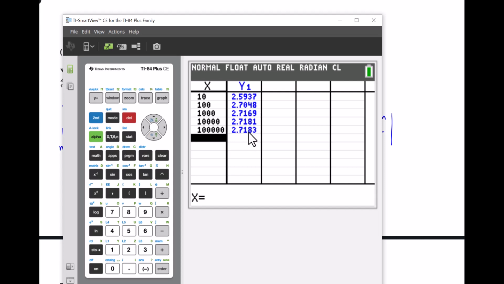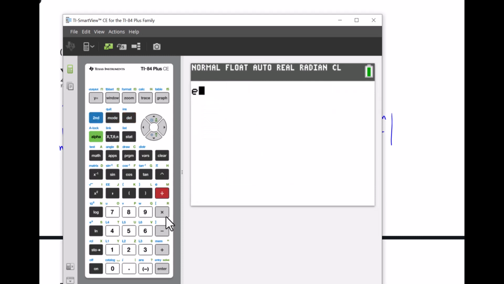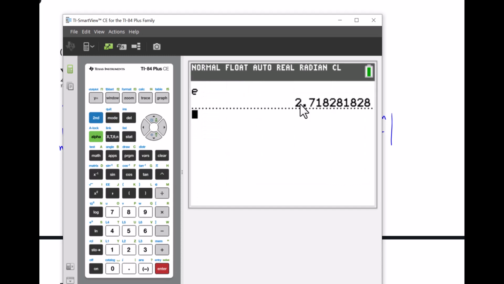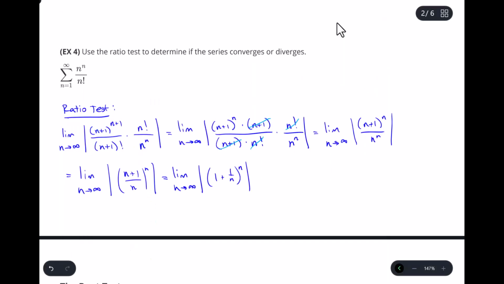So what's happening here is, you might recognize this number. It's settling in on the value e. So this limit is actually the definition of the value e, or one of the ways of deriving the value e. But it doesn't really matter that that's the case, it just matters that this is bigger than 1.